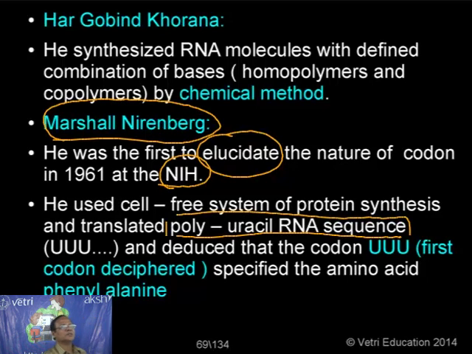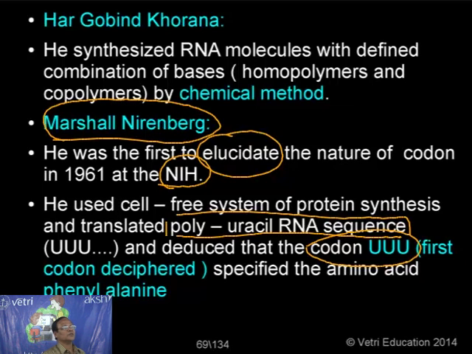He synthesized protein in a cell-free system, translated the polyuracil RNA sequence, and deduced that the codon U specified the amino acid phenylalanine. So this was the first codon that was revealed.